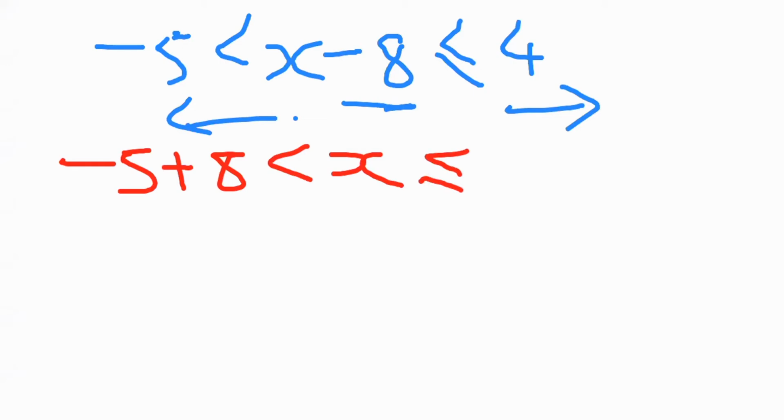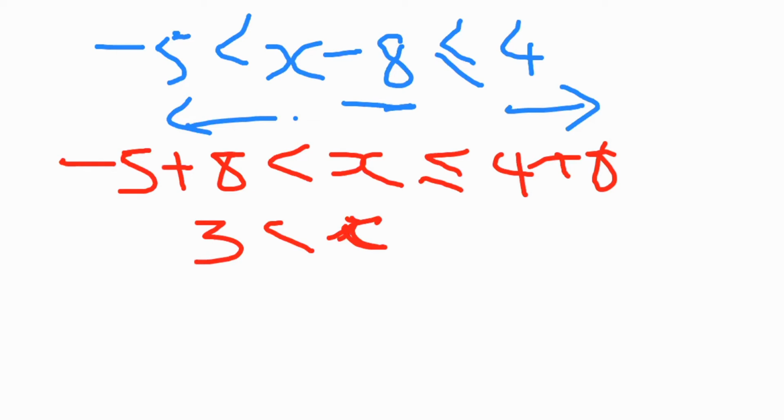And x being 4 plus 8. So we carry over the 8 to both sides. At the end, we're left with 3 less than x less than or equals to 12. So you see, we work back and get the same answer, right?